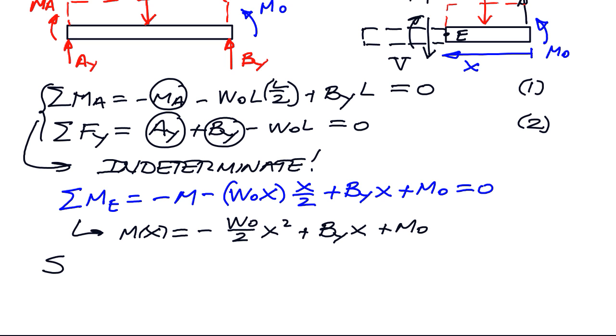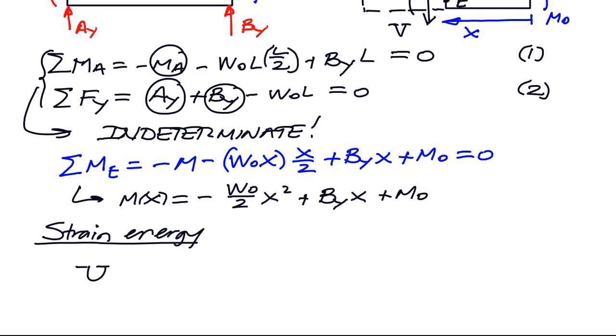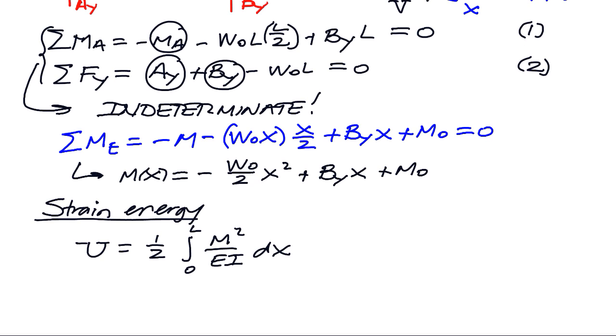So if I look at the strain energy in the beam, I've got U, which is equal to 1/2 the integral of M squared over EI dx, integrated over the length of the beam.